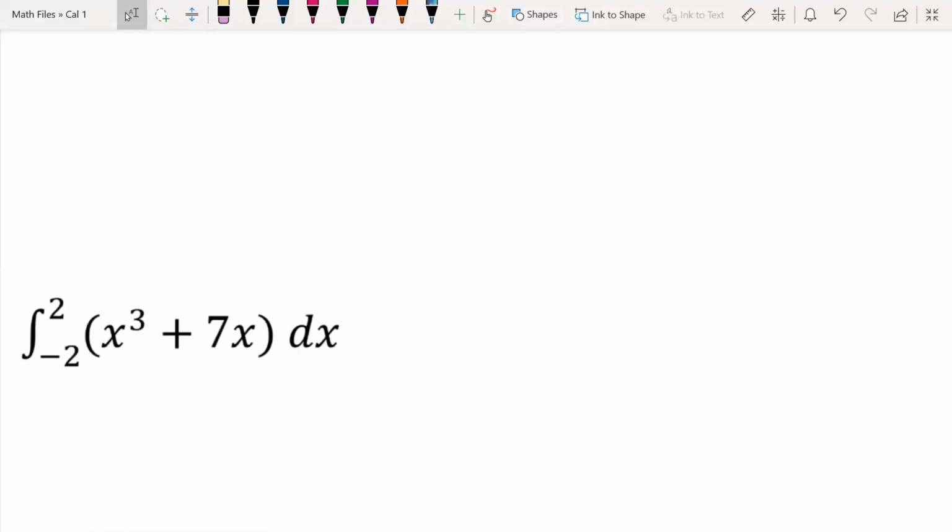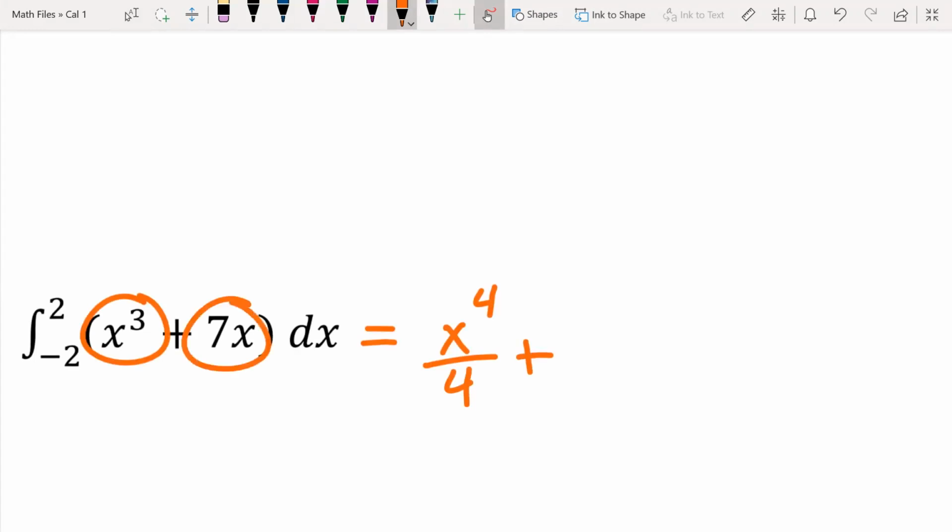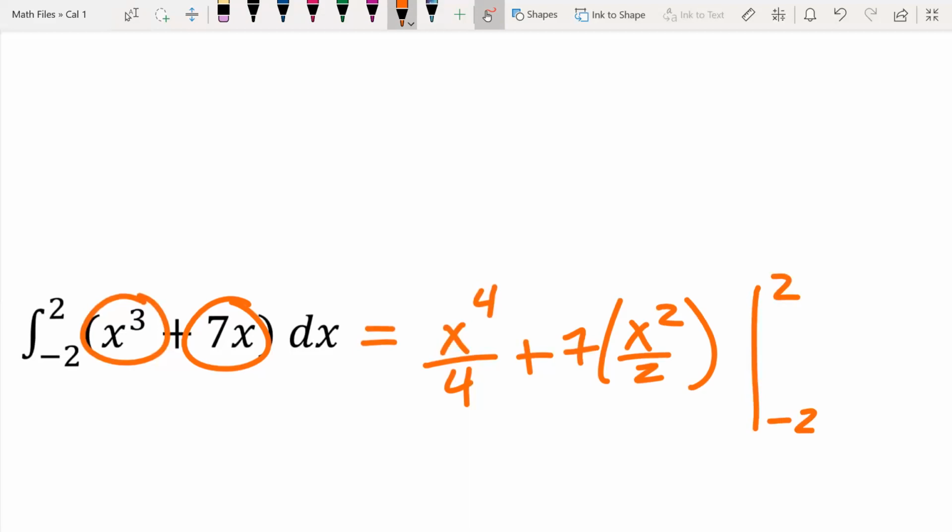Next. 6. The integral from -2 to 2 of x cubed plus 7x. All right. So we know that the antiderivative of x cubed is x to the 4th over 4, plus the antiderivative of 7x is 7 times x squared over 2 from -2 to 2.